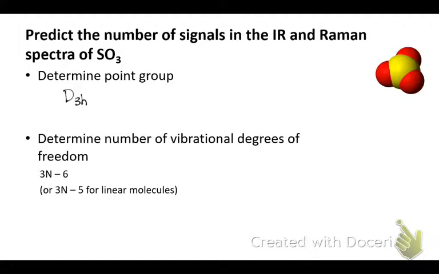So here, the n would be 4, so 3n minus 6 equals 6 vibrational modes. So total degrees of freedom would be 3n, 12 modes, but only 6 of them are vibrational modes. Okay, so we'll keep that in mind as we go forward, and we'll see how we'll be able to use that to check ourselves at the end.